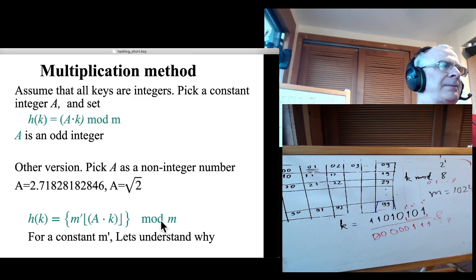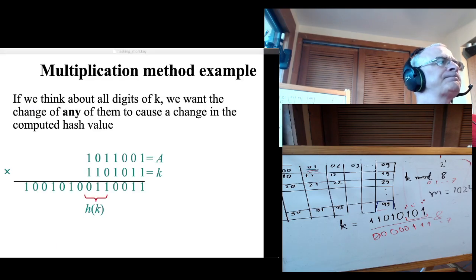Why do I take mod m at the end? Because I always need an index of the table. The table is of size m. It starts at 0, it ends at m minus 1.